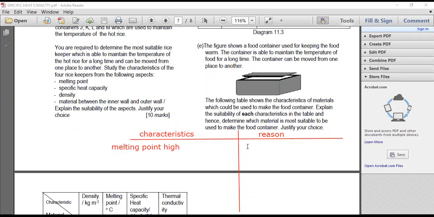The reason: does not melt easily when heated up. That means it doesn't change to liquid easily. Next, specific heat capacity.